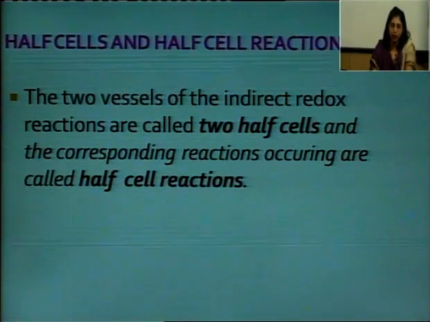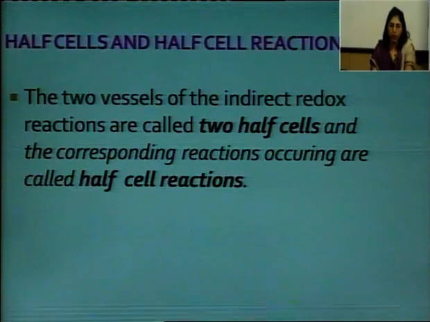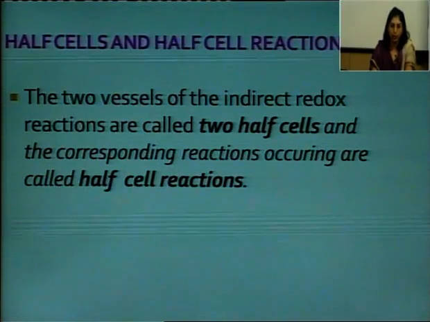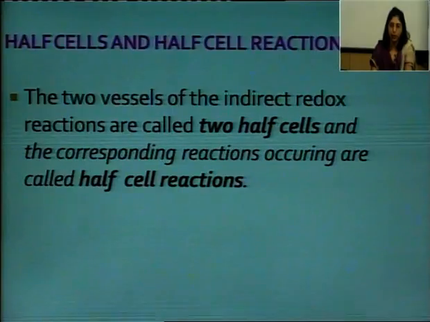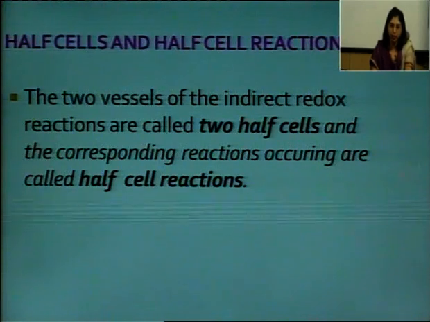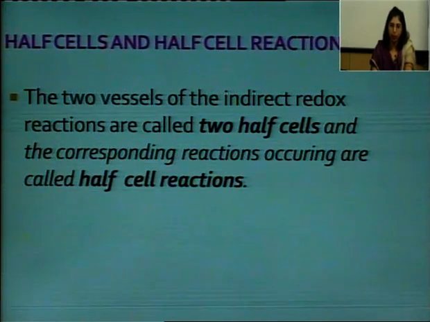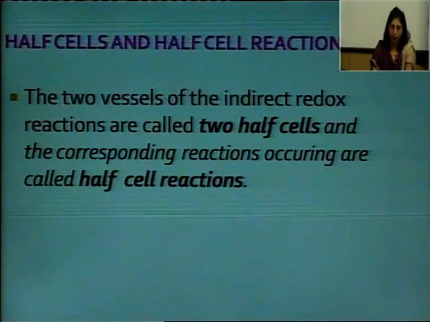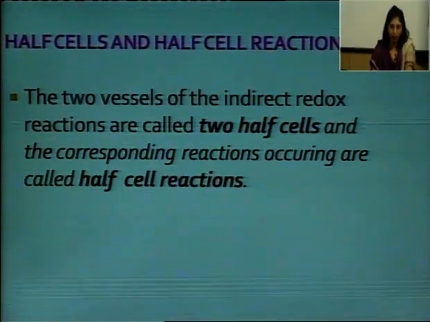In these two vessels, oxidation and reduction are taking place indirectly, and these two different beakers are known as two half cells, and the reactions taking place in the corresponding beakers are called half cell reactions.